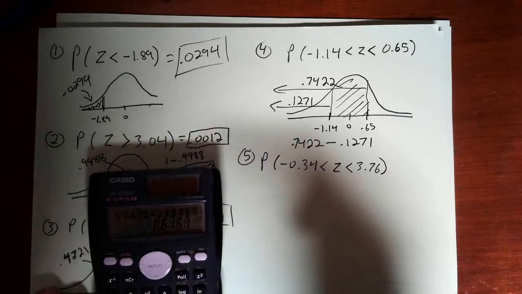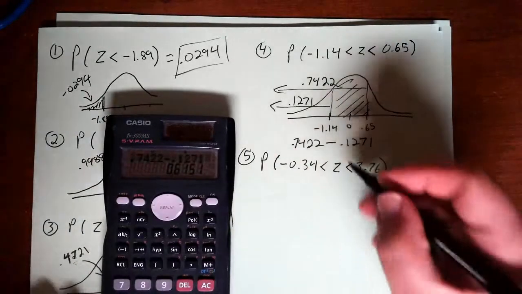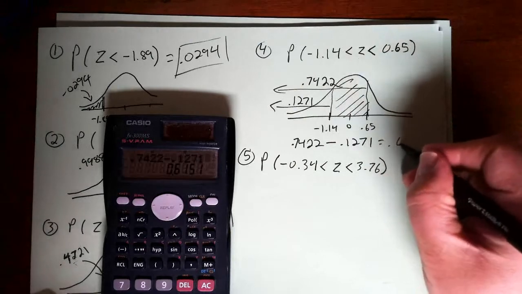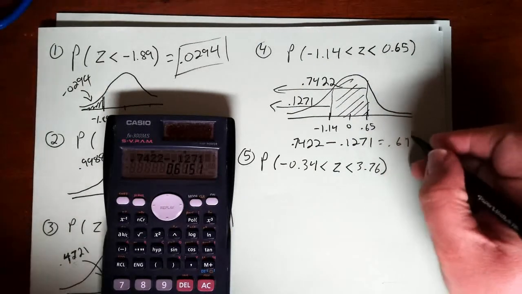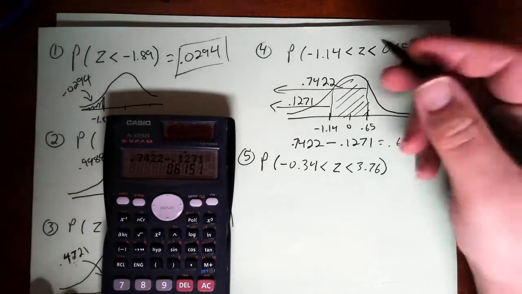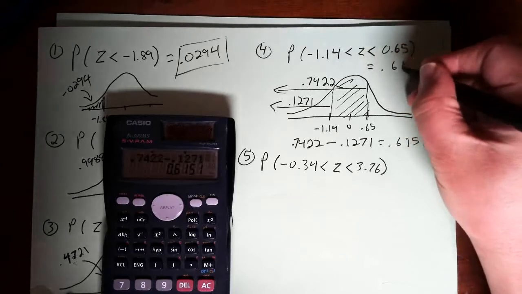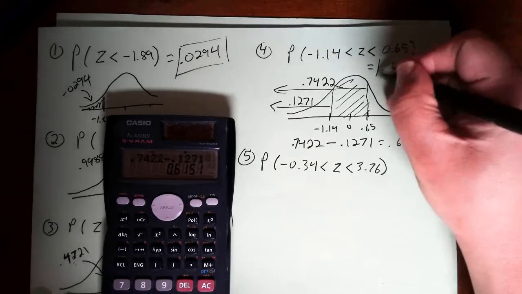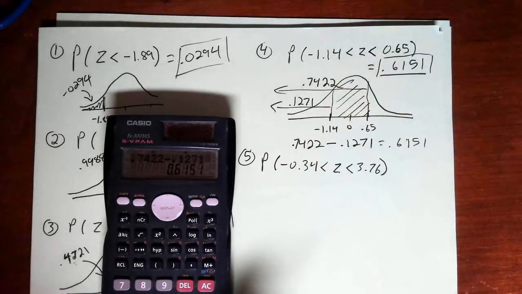And I get 0.6151. It's a little hard for me to see the lighting. 0.6151. And that will be the area between the two.